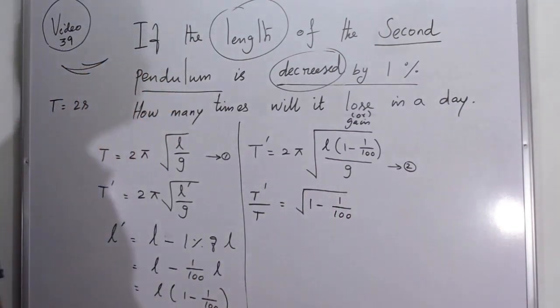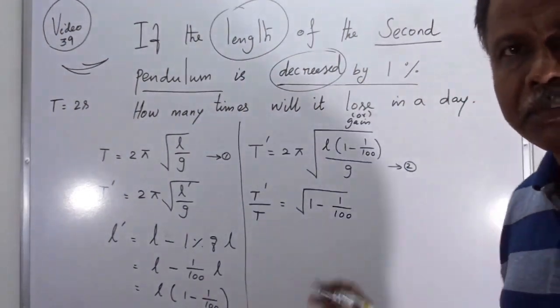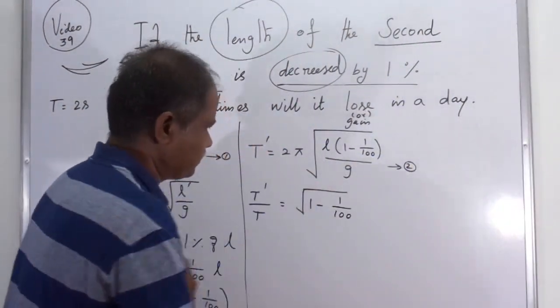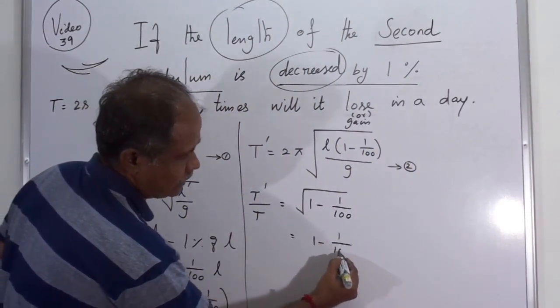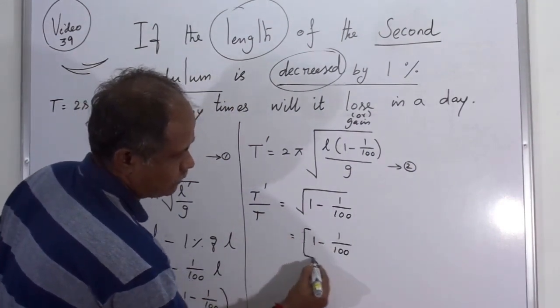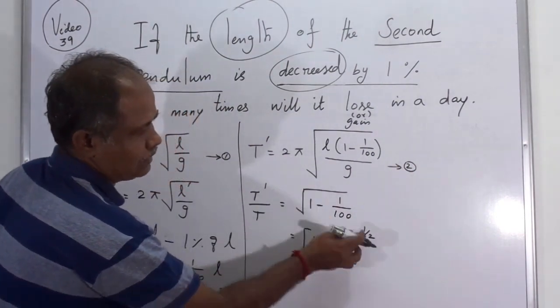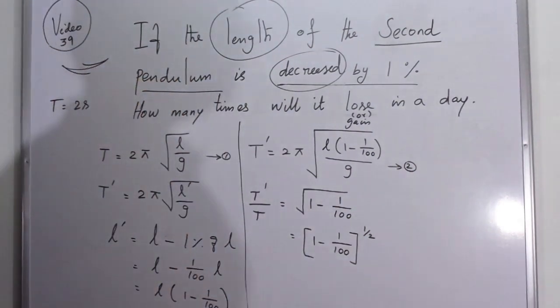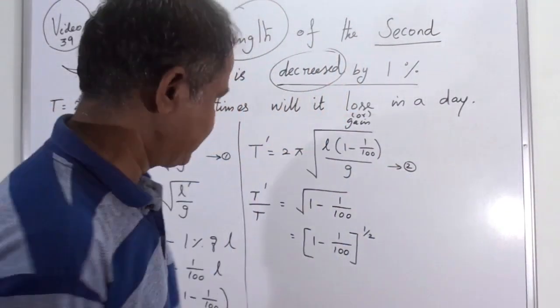Under square root means the power of half. That is 1 minus 1 by 100 to the power 1 by 2. Are you able to understand? Okay. Next thing please.